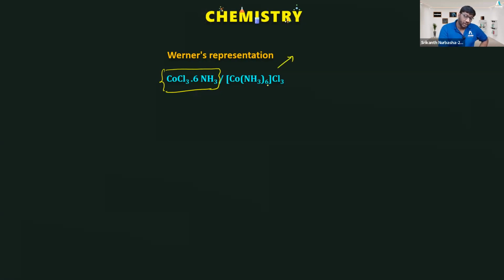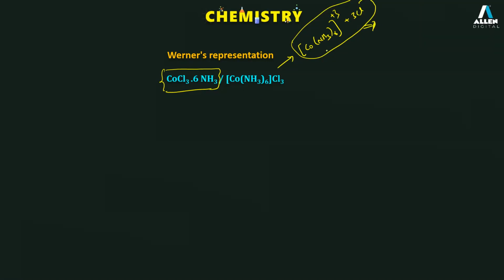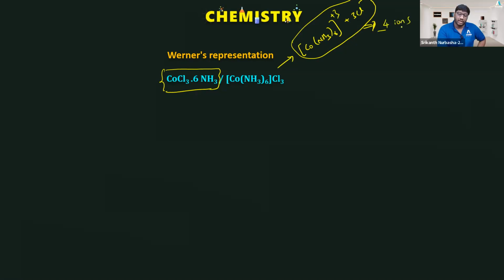If [Co(NH3)6]Cl3 dissociates, what ions do you get? [Co(NH3)6]3+ plus 3 Cl-. How many ions are obtained by the dissociation of this complex? One complex ion and 3 chloride ions, so 4 ions.